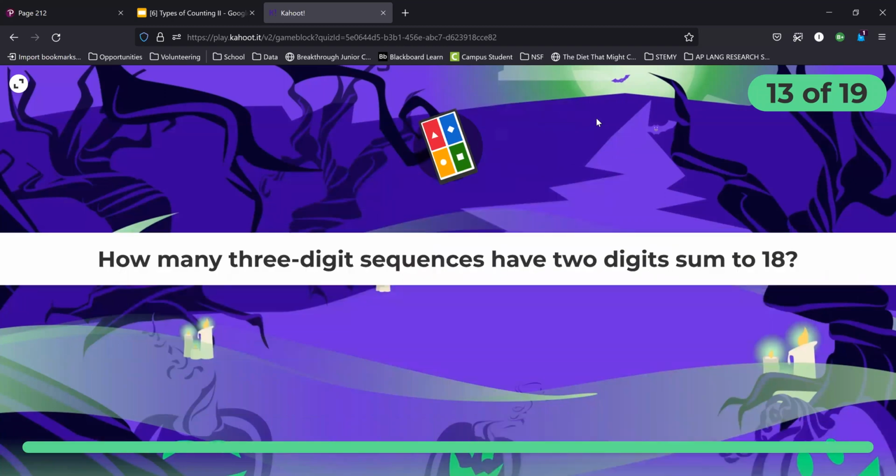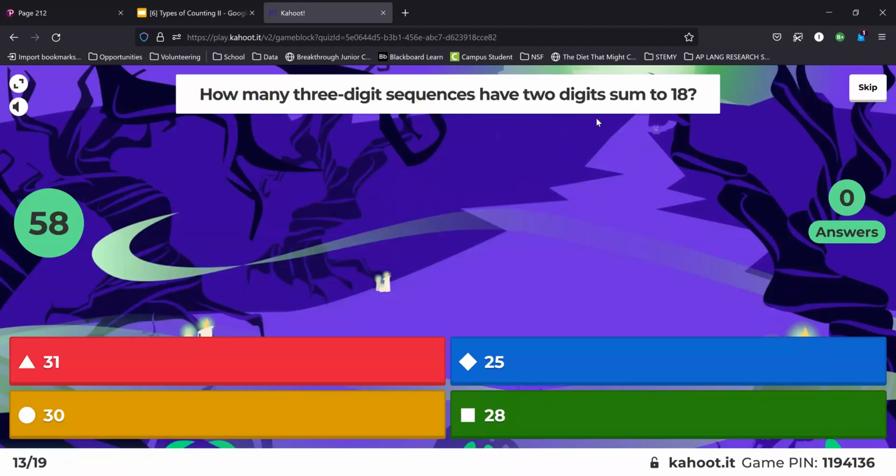How many 3-digit sequences have 2 digits that sum to 18? Wait, how are any of those answers?